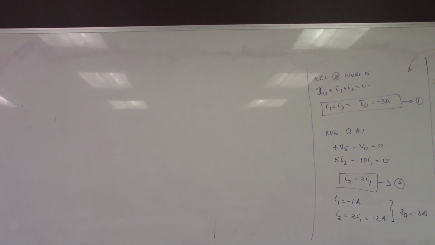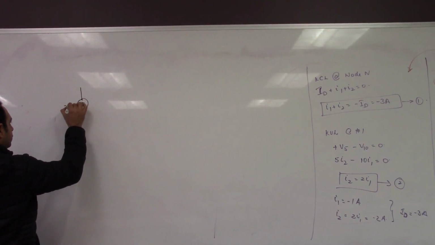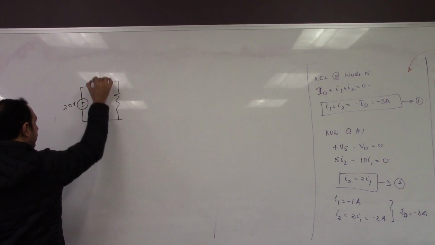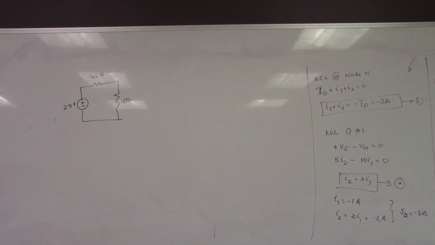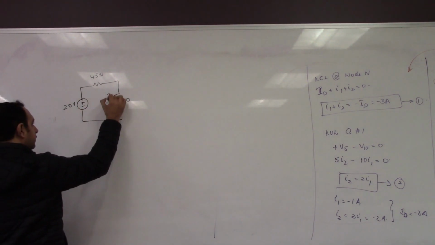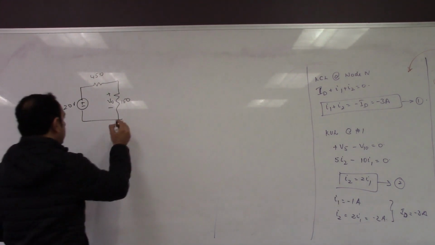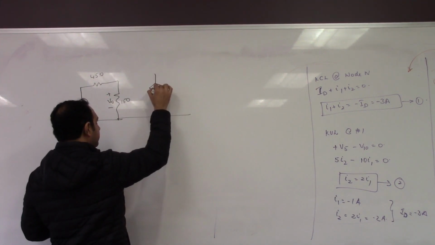All of you should be able to solve this, pretty straightforward. Here you have a source, which is 20 volts. Exactly like the last case, you have 450 and 150 here, and this is V0. So just a two-step process. You should be able to find this very easily.